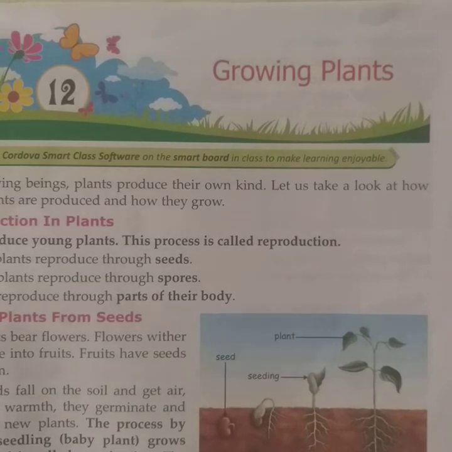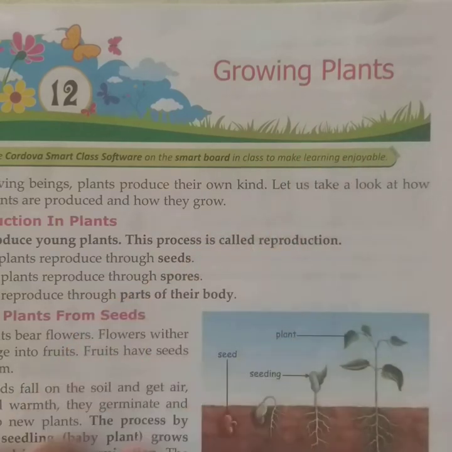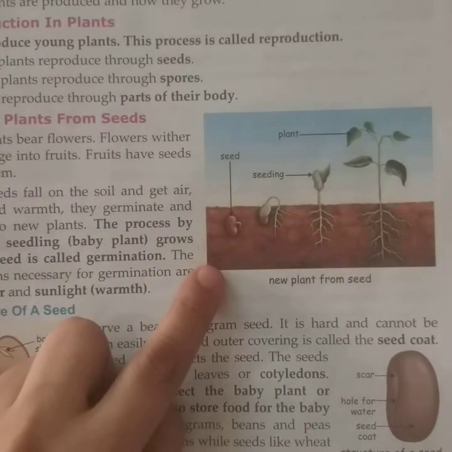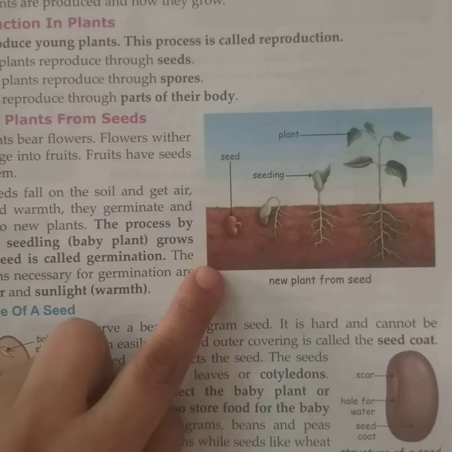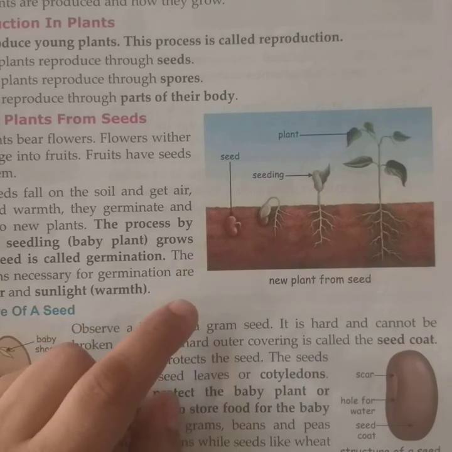Dear students, we have already begun chapter number 12, Growing Plants. In this, we have already learnt how new plants grow from seeds, and how seeds are produced in the plant from flowers.